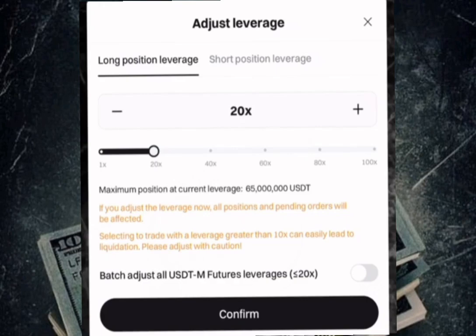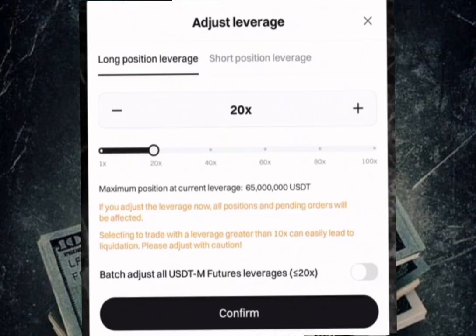And how did I calculate that? It's just the percentage at which the price of ETH moves up, which is 1%, multiplied by your leverage. So 1 times 20 is 20. So that's 20% profit. So you can see that if ETH just moves up by 1%, you're going to be making 20% profit. But if it's spot trading, you don't have leverage.